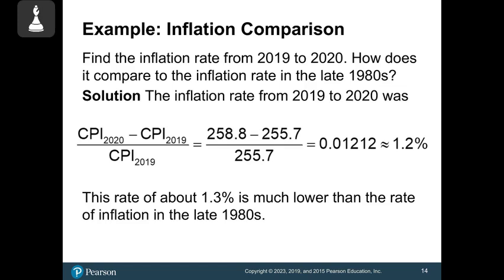So 258.8 minus 255.7. Again, these values are from the table back on slide 11. Divided by 255.7 is going to give us 0.01212. Again, we can times that by 100 to turn it into a percent. So our percent rate of inflation was 1.2%.